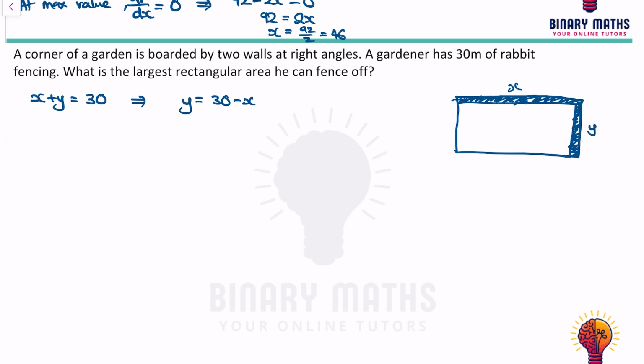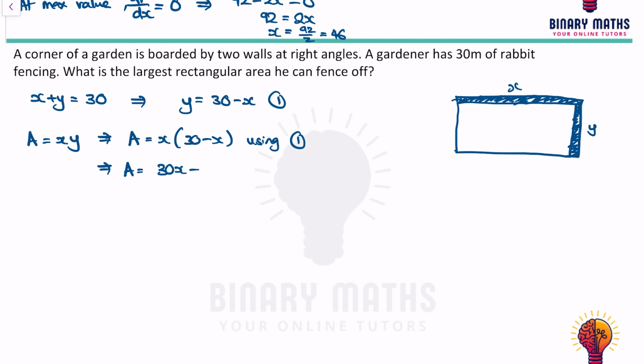Now the rectangular area is equal to X times Y, which means area is equal to X times 30 minus X. Calling this equation 1, using 1, A is equal to 30X minus X squared.